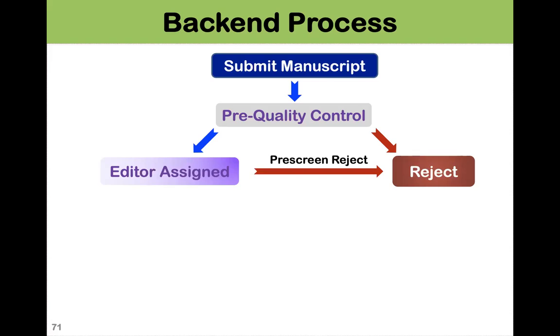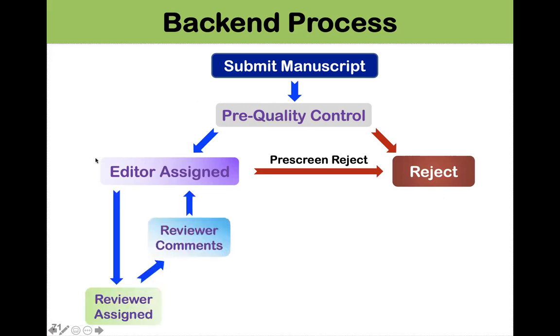They haven't followed all the instructions. Because remember, the pre-quality control person is not very critical. You can even escape that person, but you cannot escape your editor assignment. And they can reject your paper. And this pre-quality control or pre-screen reject might take 7 to 10 days. This might take you a month, depending on how busy the editor is, right?